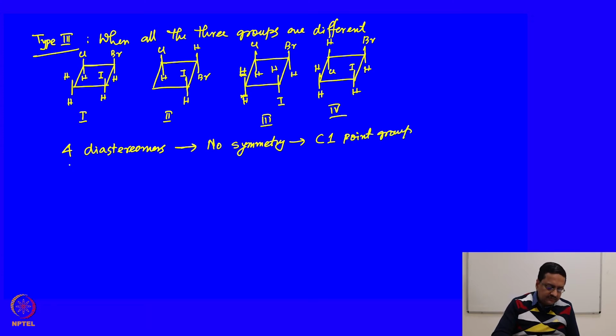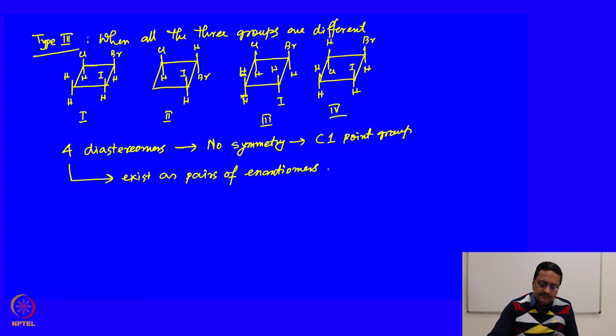So, all 4 of them would exist as pairs of enantiomers and are optically active.